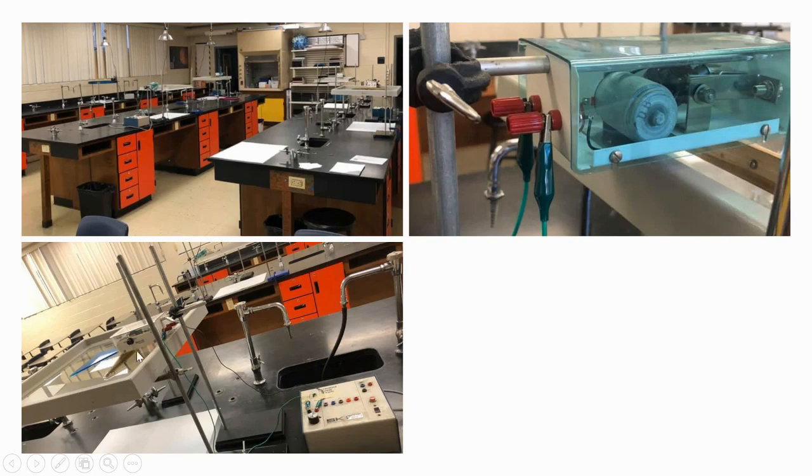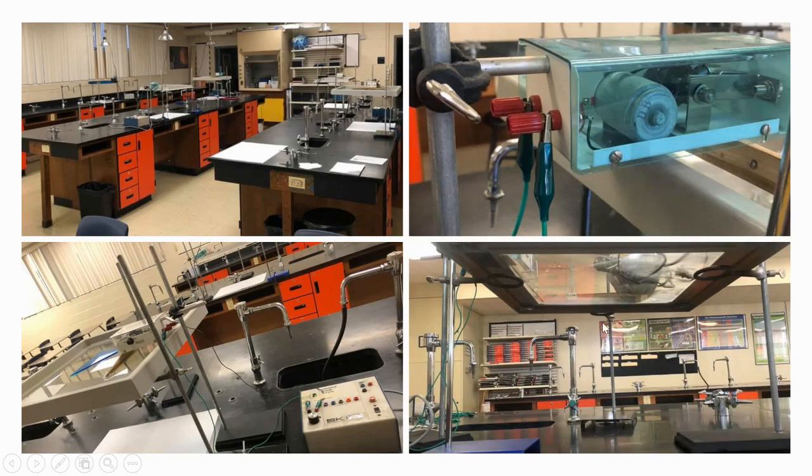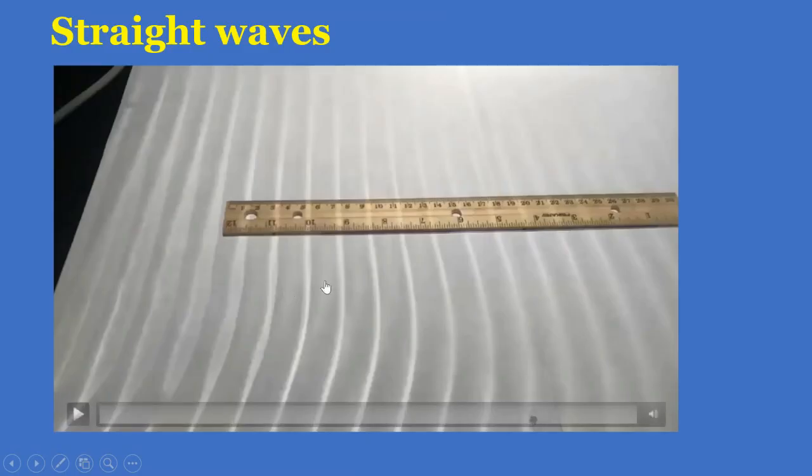And here we have the straight attachments that make plane waves. This is a barrier, and this is the white paper. Below, you can see it's transparent, so the light passes through and reflects the image on the white piece of paper at the bottom of this tank. So let's look at our first example.